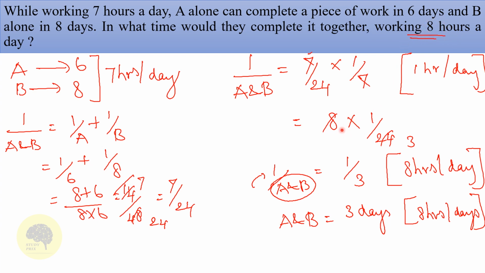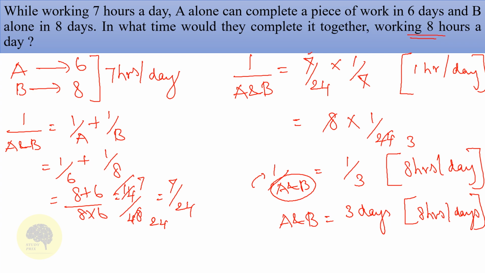And for this we have to multiply it with 8. And by simplifying this we will get 1 by 3. 1 by 3 is the work done by A and B together in 1 day working 8 hours a day. And from this we will get A and B can complete the work in 3 days working 8 hours a day. Hope you understand.